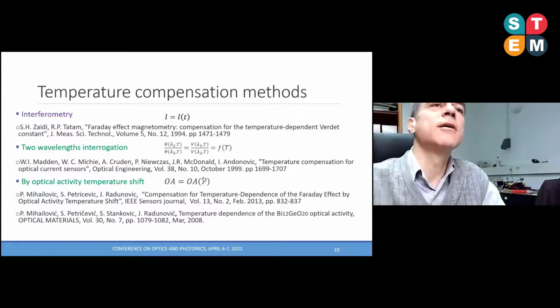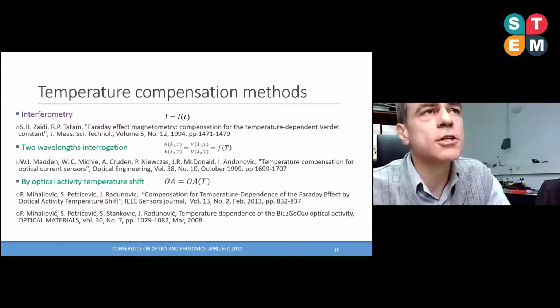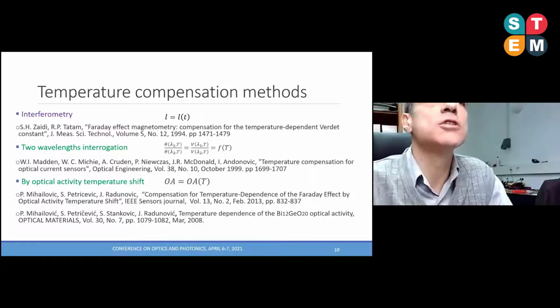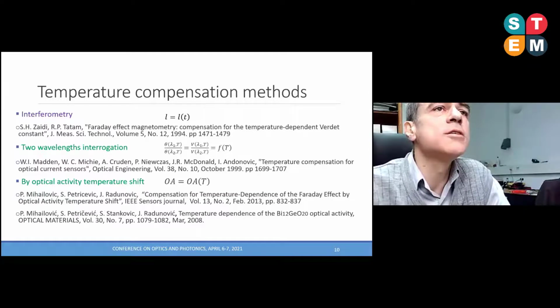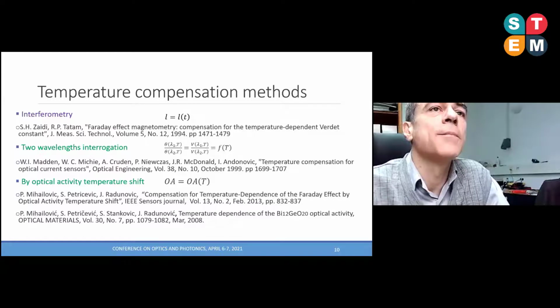Well, but there are a lot of solutions for this problem in the literature. I'm going to single out 3 solutions that are superior to others. All these 3 solutions compensate for the temperature on exactly the same optical path as used for the Faraday rotation measurement.